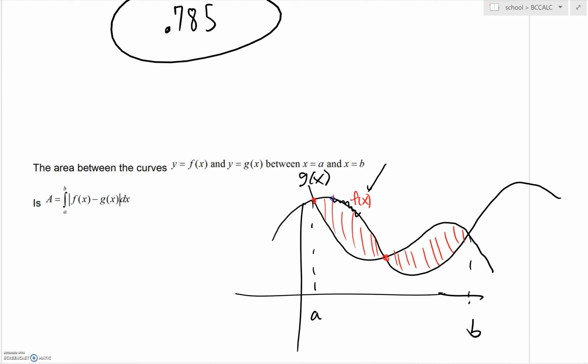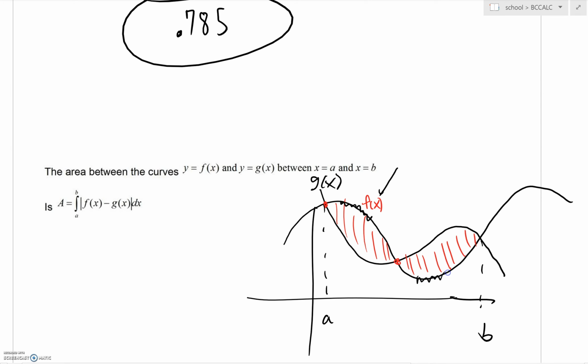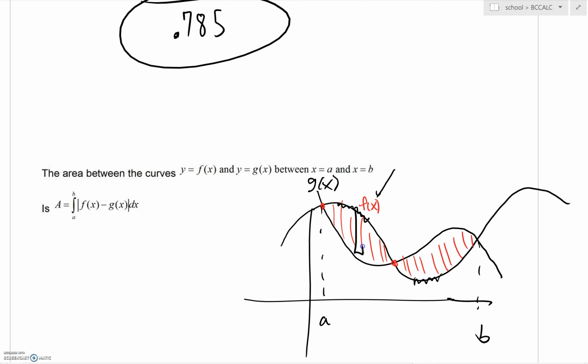It's this curve. Sometimes f is on top, and then later on f is down below. And you can think, oh my gosh, I guess we're going to have to find an intersection, and then set up one integral and then set up a second integral where g right here would be the top boundary and then f would be down below.